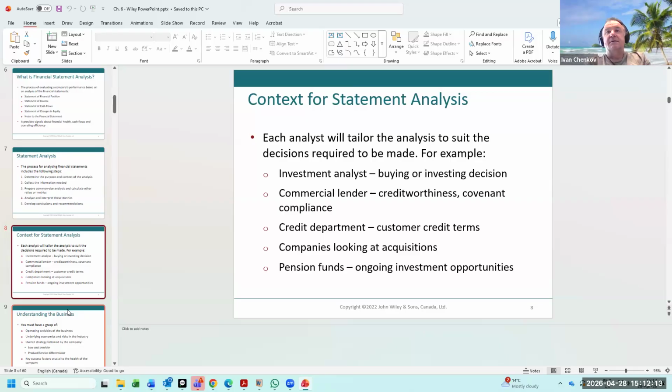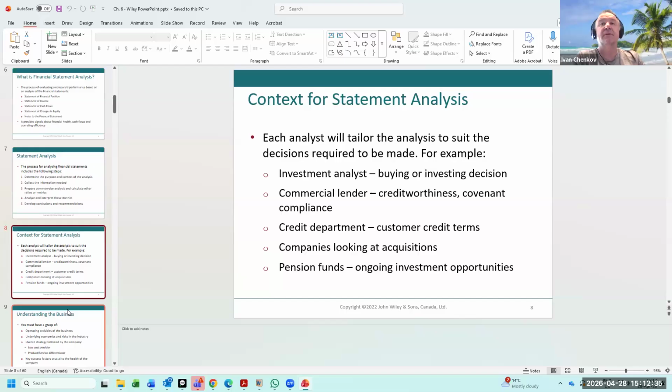Now, each analysis will be different, depending on the decision being made. Basically, if we're doing investment analysis, we have to analyze whether it is appropriate to buy or to invest.